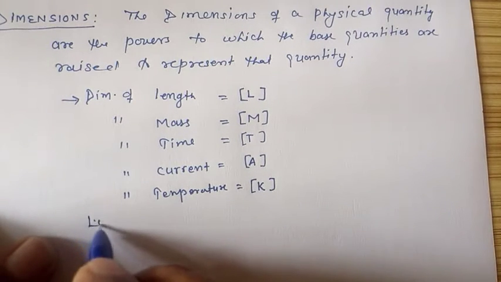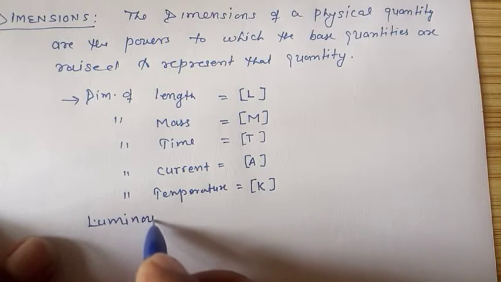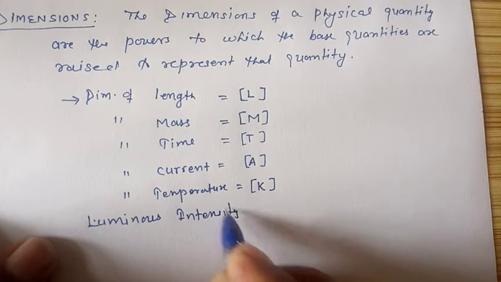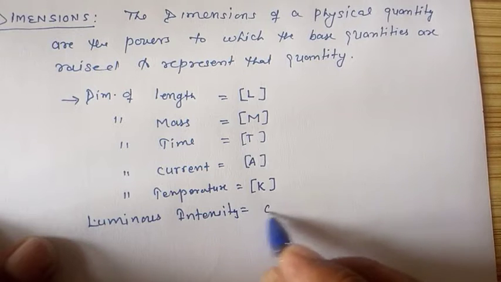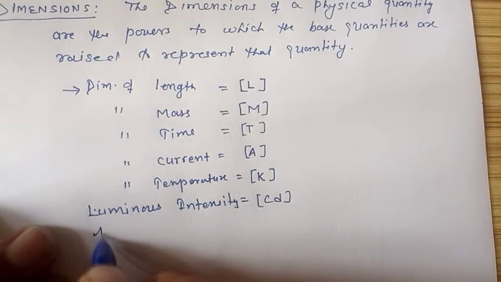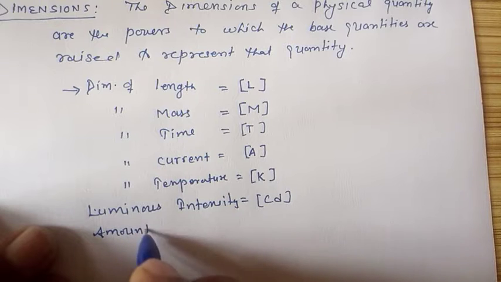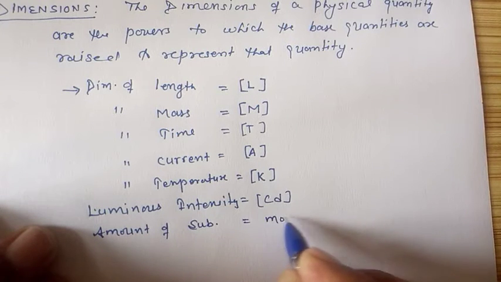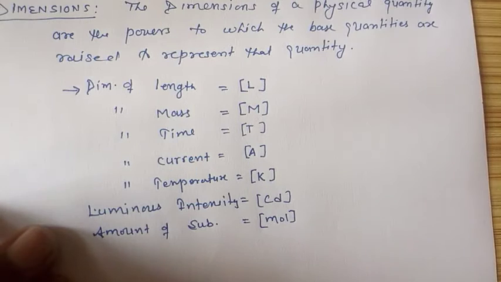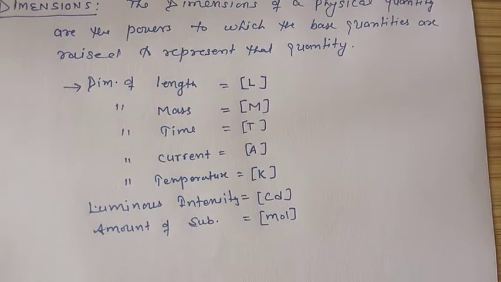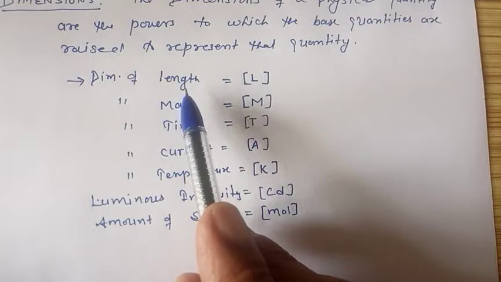Luminous intensity, CD, candela. Amount of substance, mole, MOL in square brackets. So these are our dimensions of base quantities.